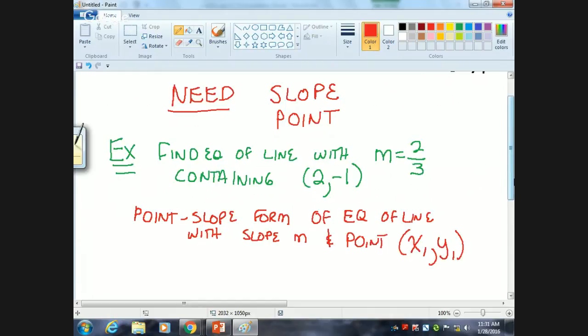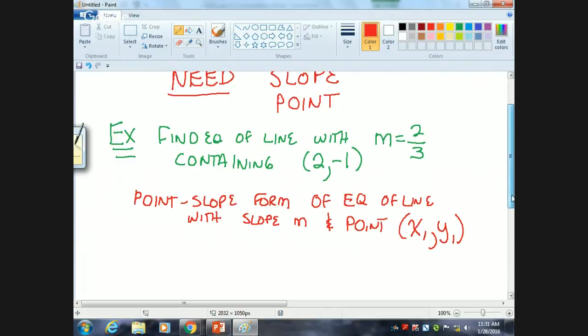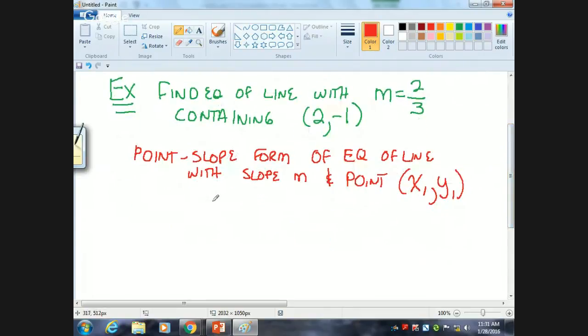So if I know coordinates of a point and I know a slope, I have an equation of a line. It goes as follows.